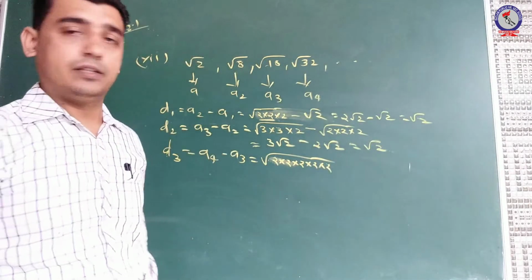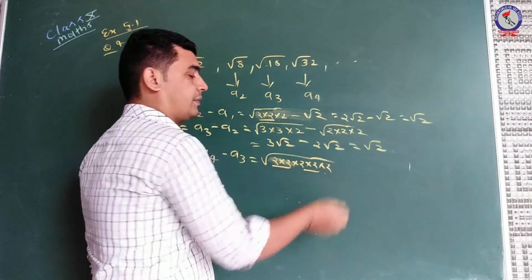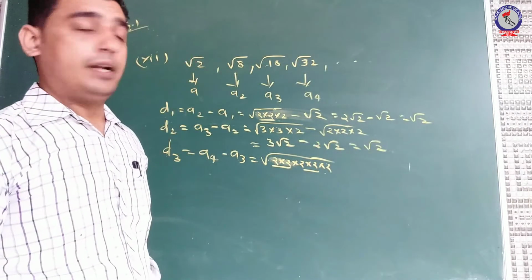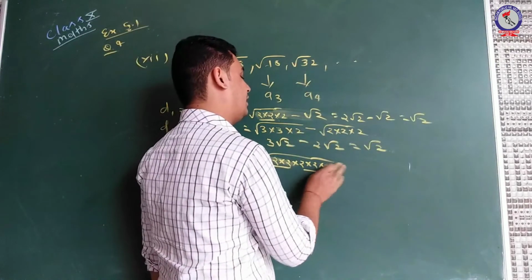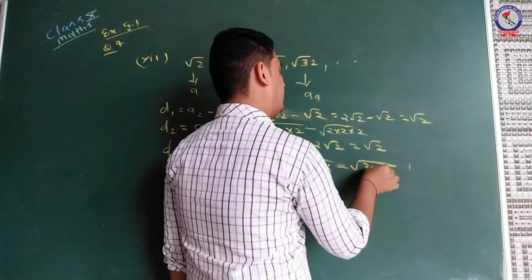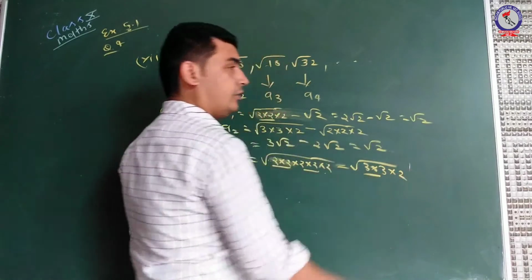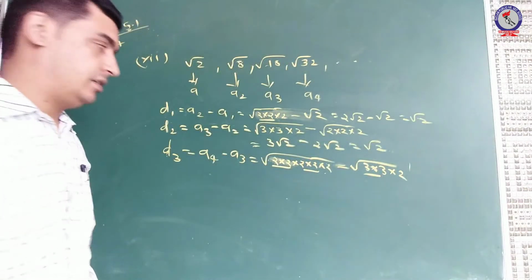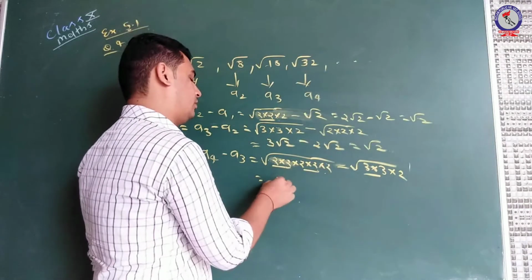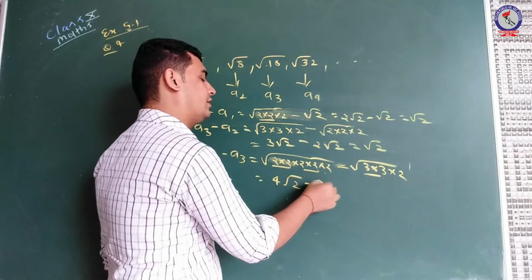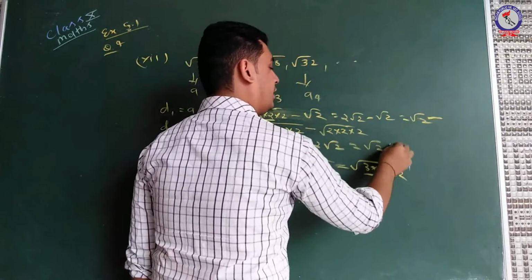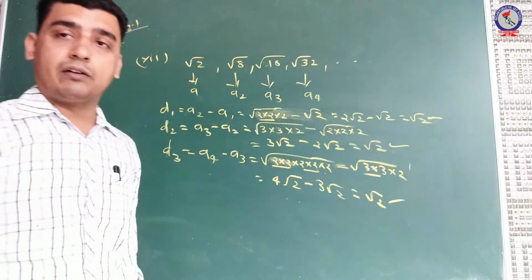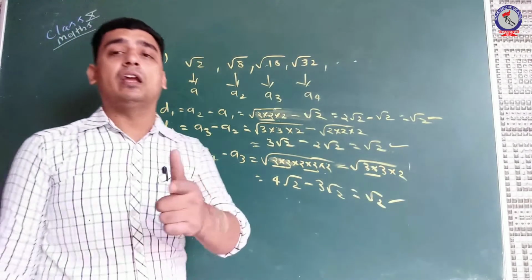So first pair, second pair, and A3 is already written here, 3 root 2. So 2 2s are 4, 4 root 2 minus 3 root 2, again root 2. Here D1, D2 and D3 are equal, so the given series is in AP.